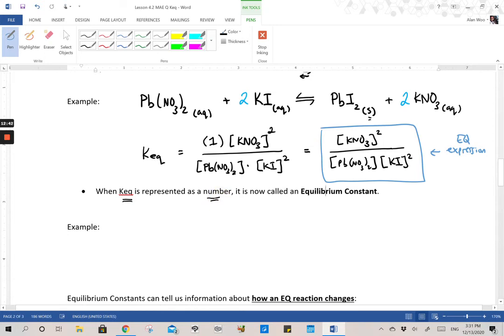When it's used as a number, that expression is now called an equilibrium constant. So, example, I'm not going to be that creative. I'm just going to use the same expression that we had up at the top. So if this is our [KNO3], and here's our [Pb(NO3)2] times [KI] to the power 2, okay, this is the expression.